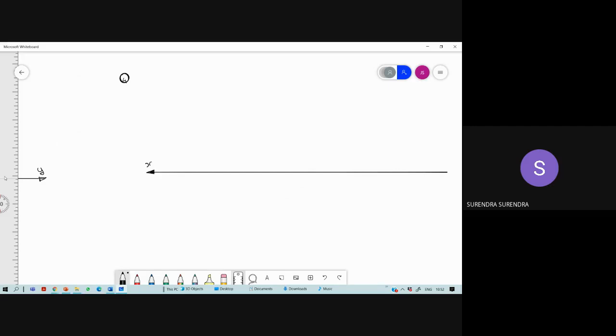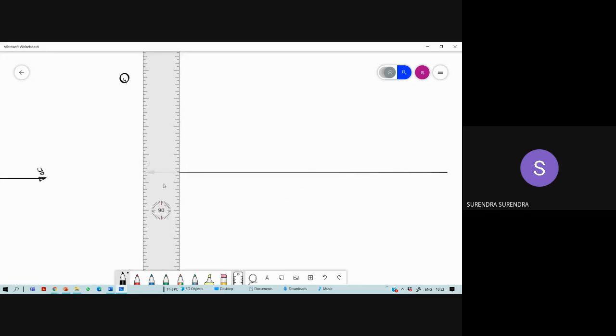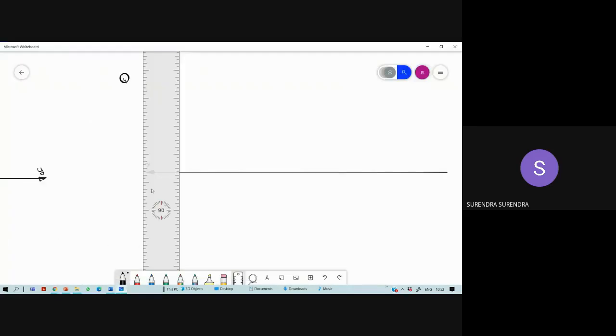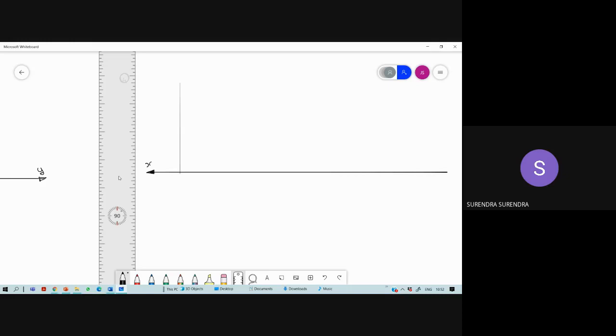X. So see where point P is first. Point P is top view 50 mm above XY line. So top view is 50 mm above XY line, so it is point P. Top view is always represented without dash, small letter. So all of them in small letters, be careful.